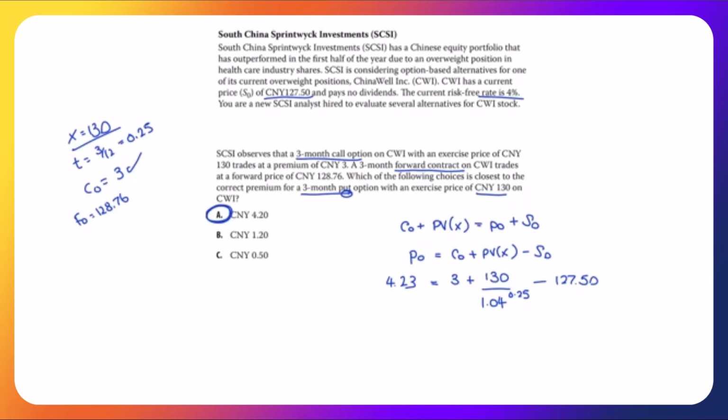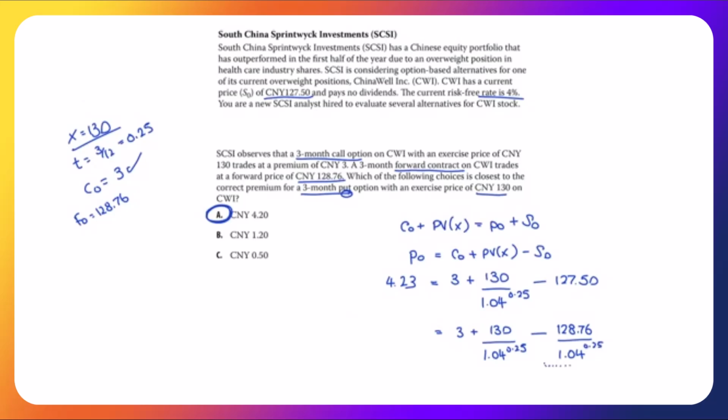Now, if you don't believe me and think, oh, hang on, Richie, they wanted us to use the forward, we should use the forward. Okay, then. If you use the forward, it is C0 plus the PV of the strike. It's looking very similar so far. Minus, you replace S0 with the PV of the forward. So the forward price is 128.76, discounted at 1.04 to the 0.25.